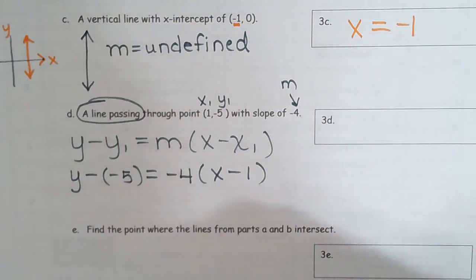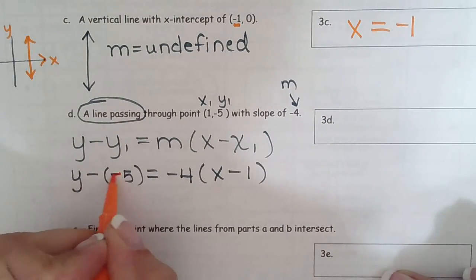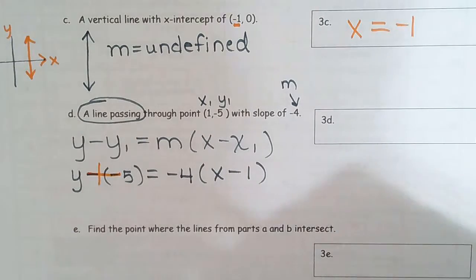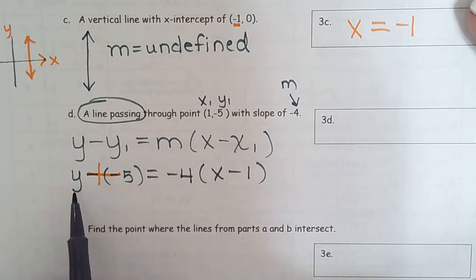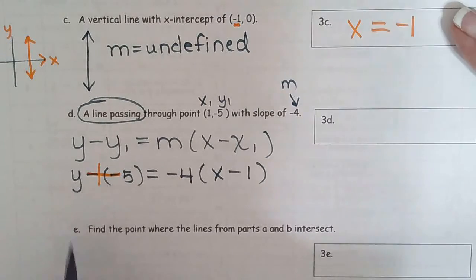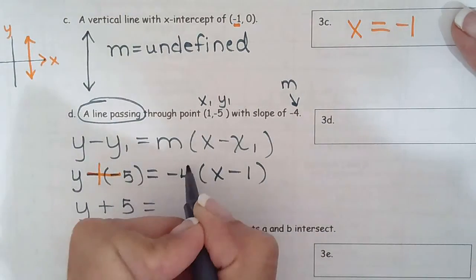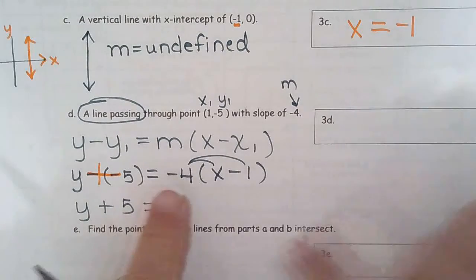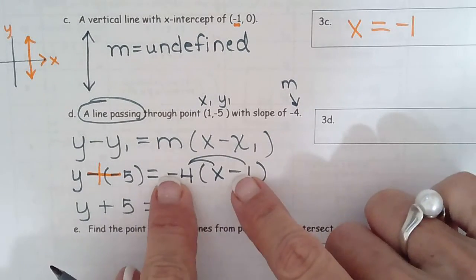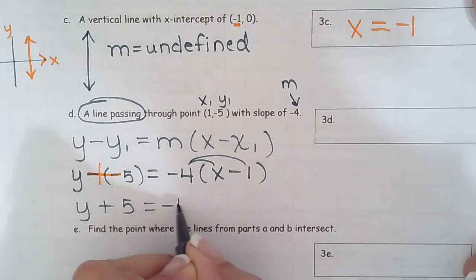So the first thing we want to do is make that a positive. And the directions say to put it in slope-intercept form, so that means get y alone. So y plus 5 equals, watch your signs here, -4x plus 4.